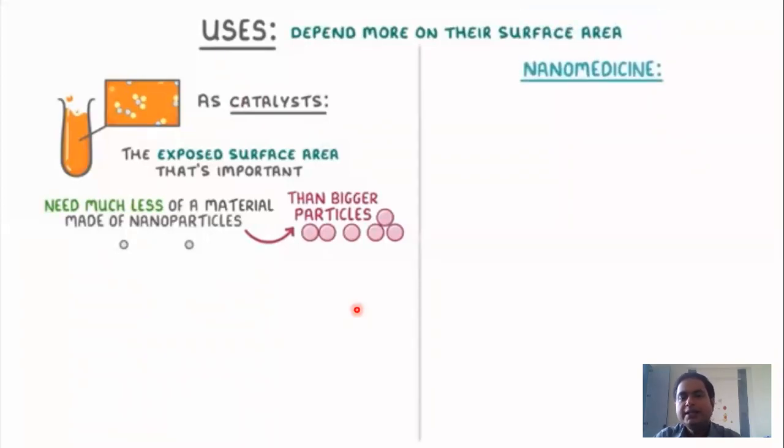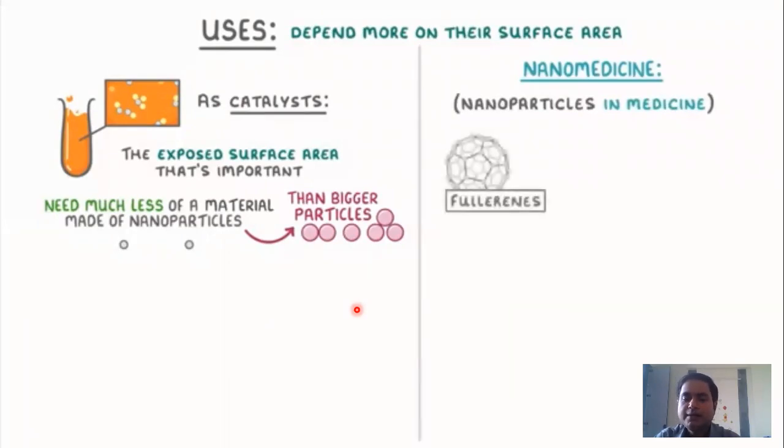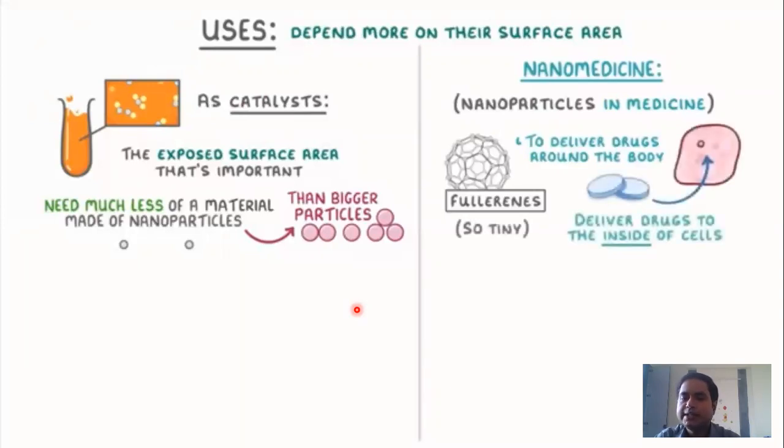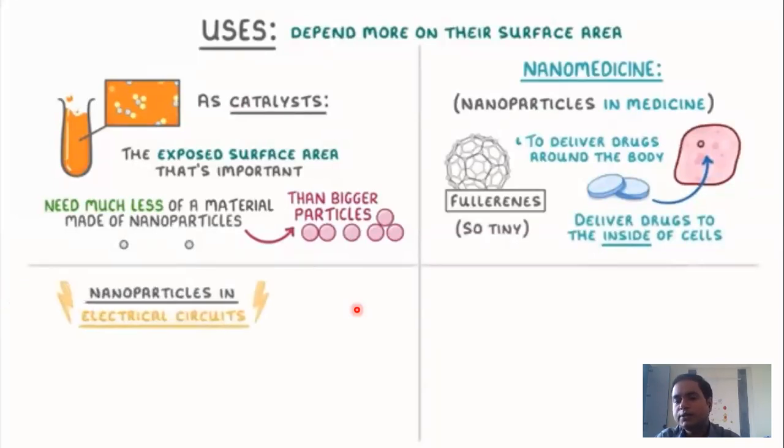In nanomedicine, nanoparticles are also used for medicinal purposes, and we will analyze their roles. A nanoparticle like fullerene is so tiny, and it is used to deliver the drug around the body. It also delivers drugs to the inside of cells.